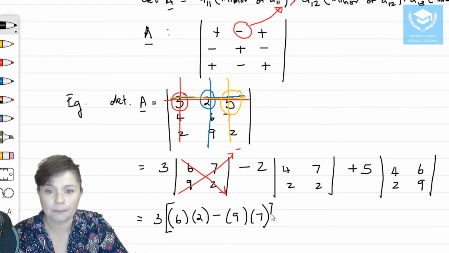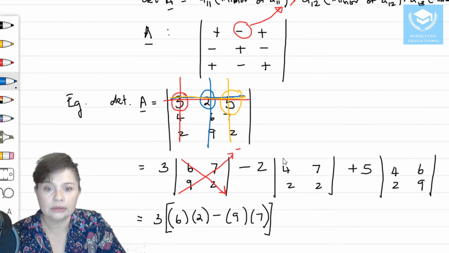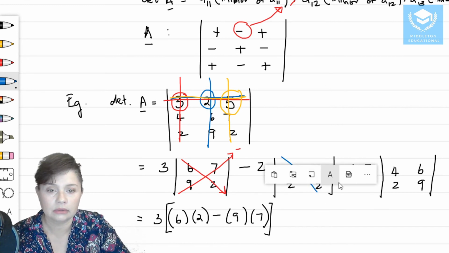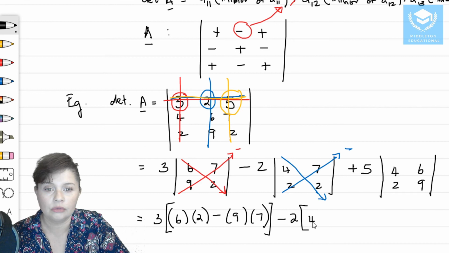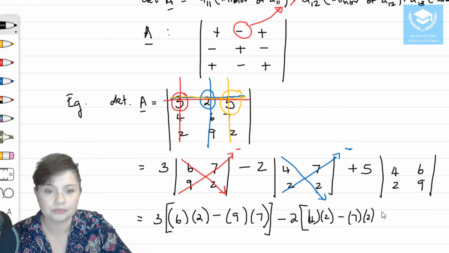All right. The next one, which is our blue one, is going to be that times that minus that times that. So minus 2 times 4 times 2 minus 7 times 2.